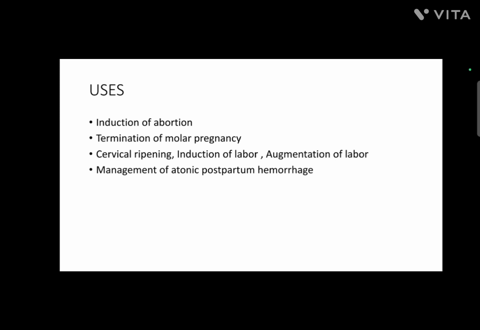Priorly we keep these tablets 3 hours before the procedure. If we keep this misoprostol in the vagina, then it will ripen the cervix and it will be easy for us to do the D&C procedures in gynec cases. And also in obstetric cases it is used for induction of labor and augmentation of labor, and it is also used for the management of atonic PPH.